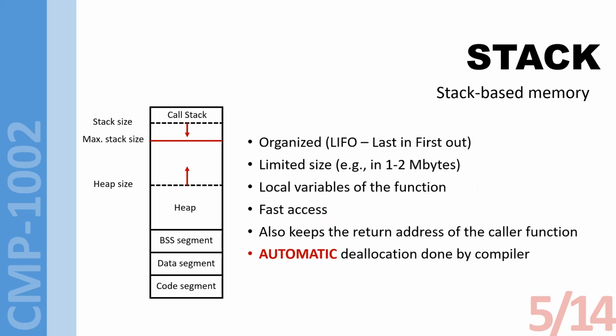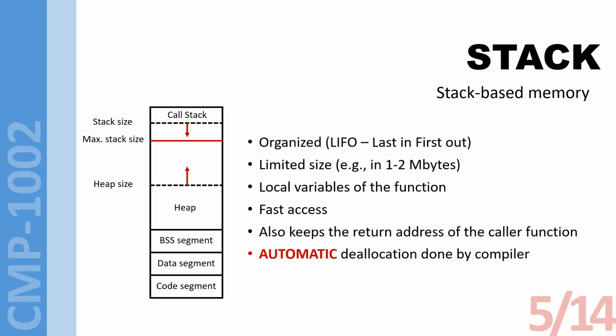But what we will be focusing on in more detail are the stack and the heap. Stack is basically where your local variables live. When you declare any local variable like int i, int x, double d, char ch within a function, but not global variables, be careful. Global variables are for the data segment and the BSS. The local variables live in the stack.